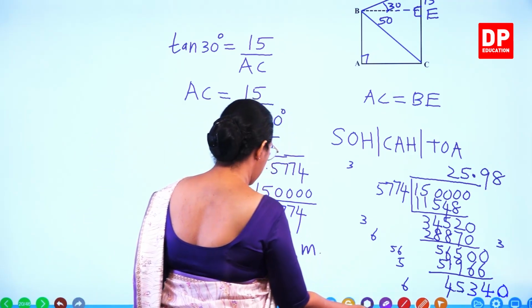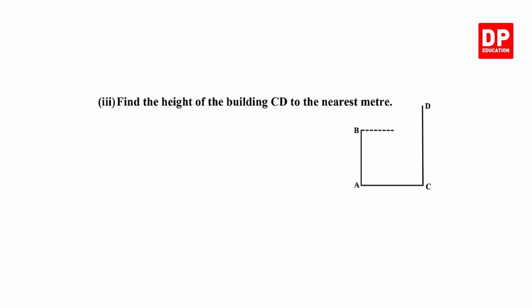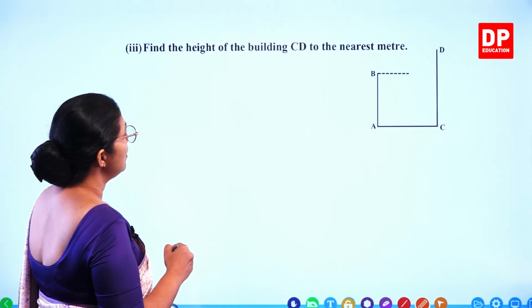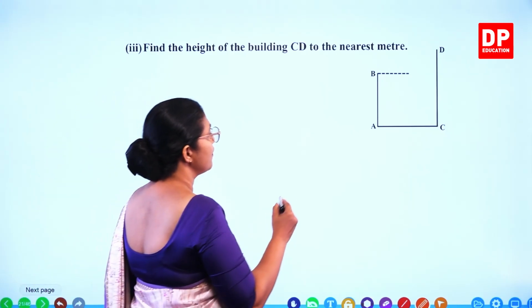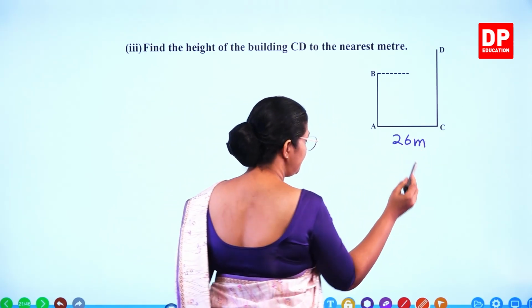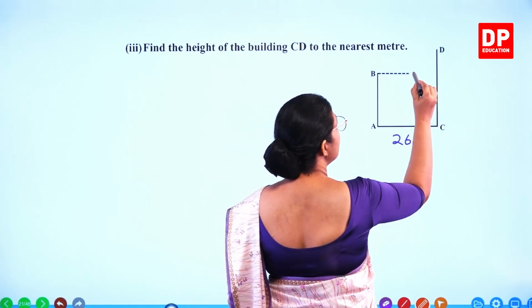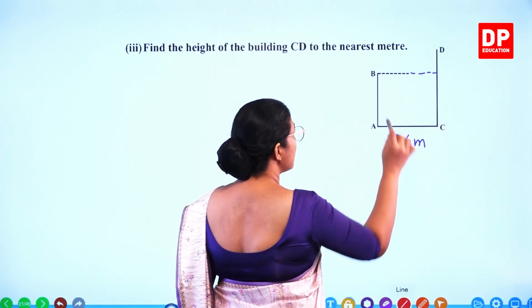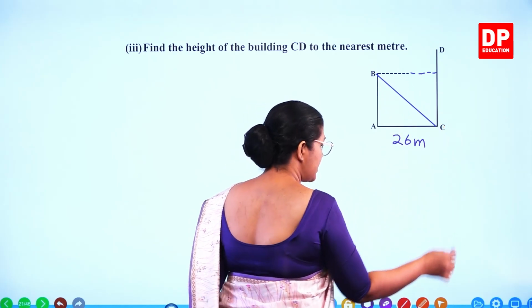Now let's take the next part. Find the height of the building CD to the nearest meter. So now we found out this is 26 meters. And we know that, well, let's take this one, 50 degrees here.